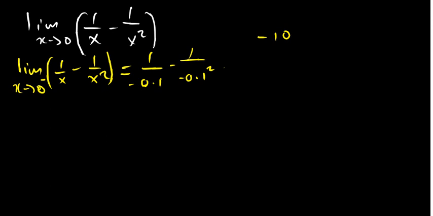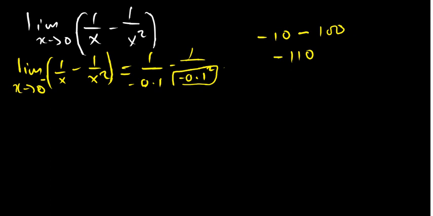Now if I square this negative 0.1 times itself, I'm going to get positive 0.01, which is going to be minus 100. So now this is going to give us negative 110. That is the answer for the left side.